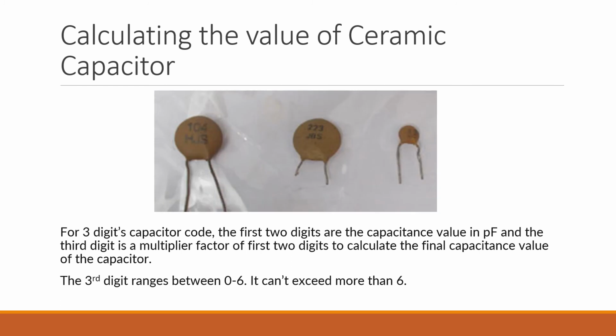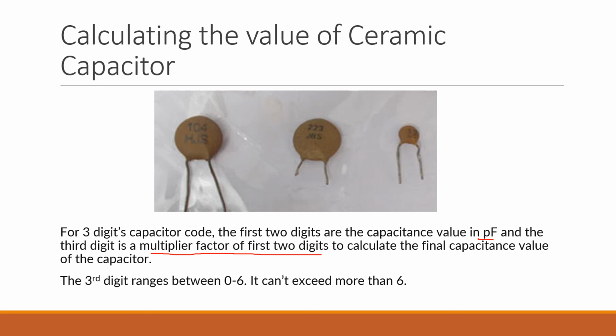So the process that we are doing here is, for the 3-digit capacitor code, the first two digits of the capacitor we are taking in picofarad, and the third digit is actually the multiplier factor of the first two digits. And finally we will get the final capacitance value.